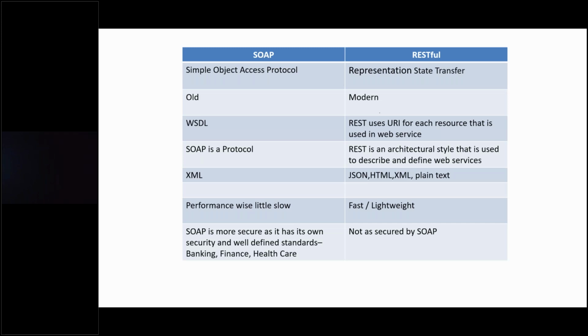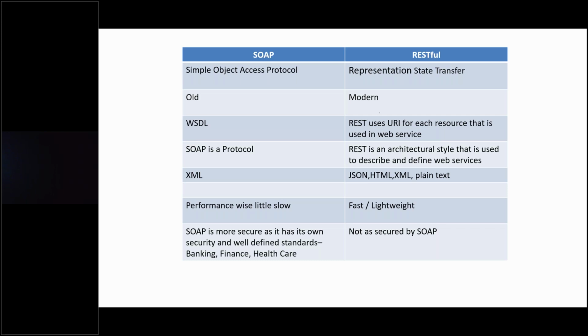These are the major differences. SOAP is old, REST is modern. SOAP uses a WSDL file, which some of you must have used. REST uses URI. SOAP is a protocol, and when we say protocol, it comes with a certain set of rules and regulations.